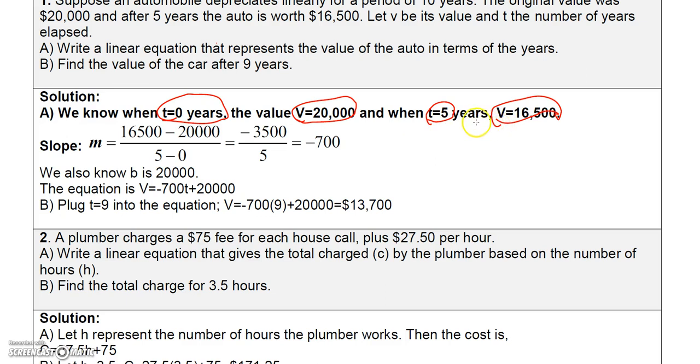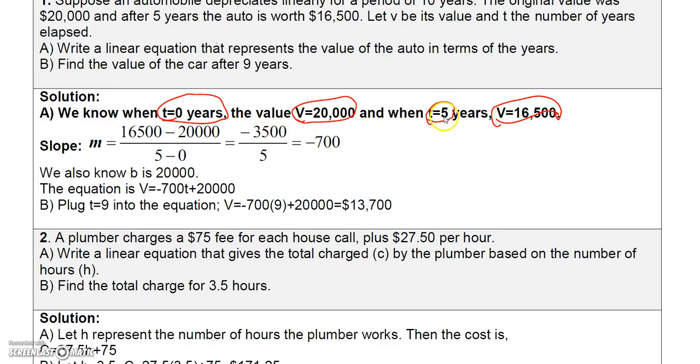I can find the slope of this relationship. So I'll treat the V's like I would the Y's, and I'm going to treat the T's like I would the X's. So take the second V value, 16,500, subtract the first V value, 20,000, and that's going to give me negative 3,500 here.